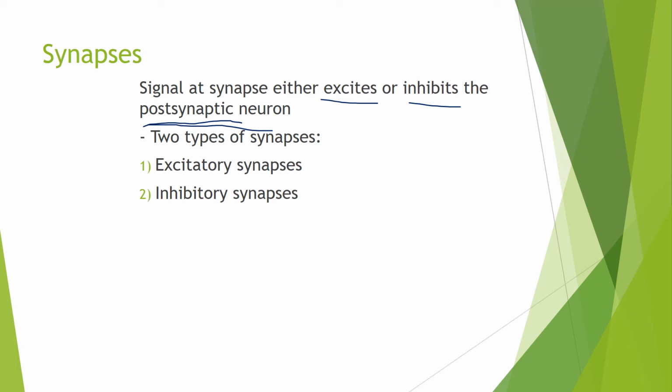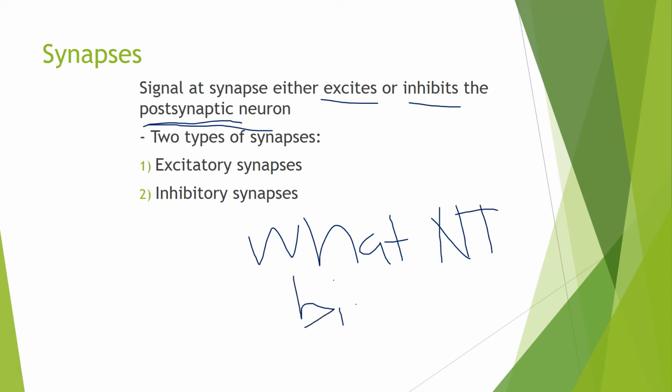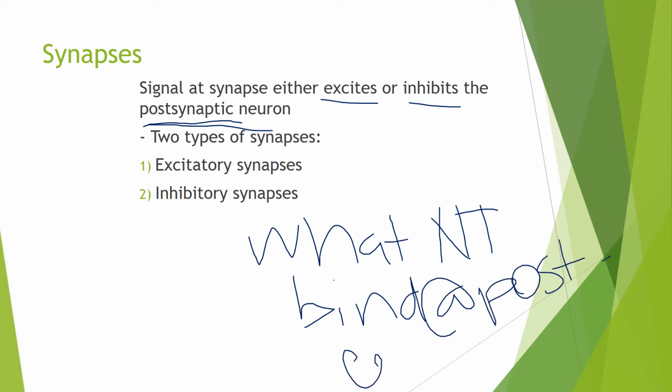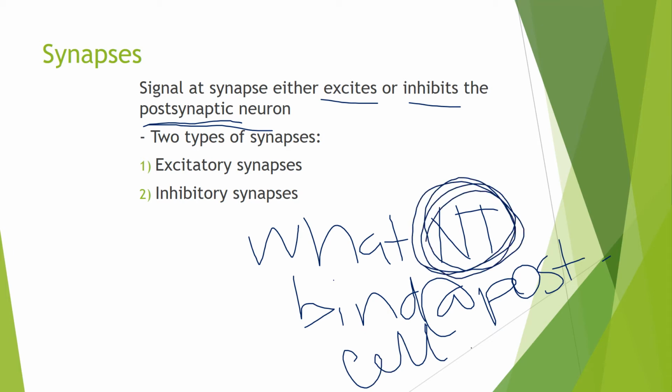And this is based on what neurotransmitter, NT, is going to bind at the postsynaptic cell. Okay, so it depends on what the neurotransmitter is and what channels will open, because as we learned earlier, we have both excitatory and inhibitory channels.